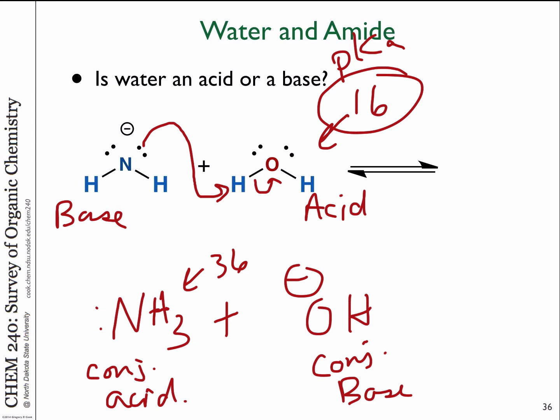And by the way, these pKa units are logarithmic, so it's a power of 10 for each one change in pKa unit. So this is what, 10 to the 20 difference in acidity. Water is 10 to the 20 times more acidic than ammonia. So obviously the reaction would lie on the side of the weaker species, more stable.